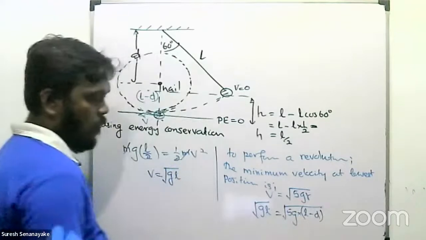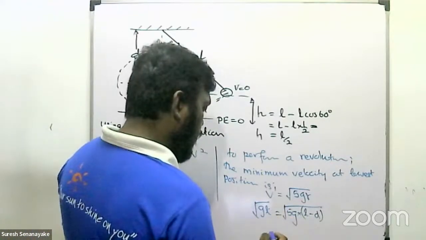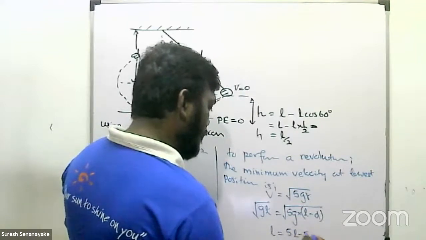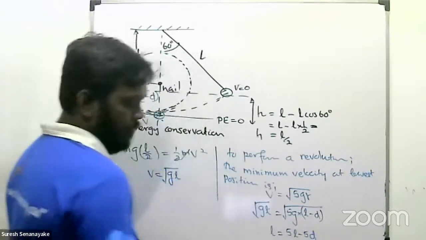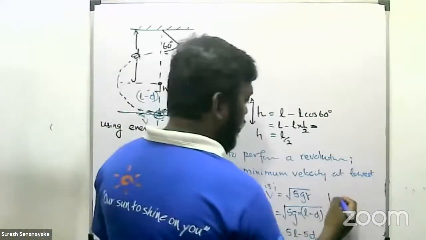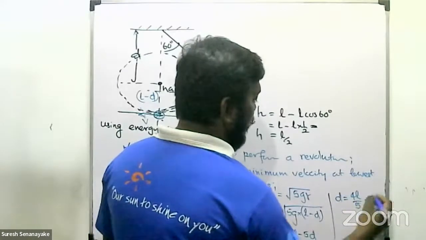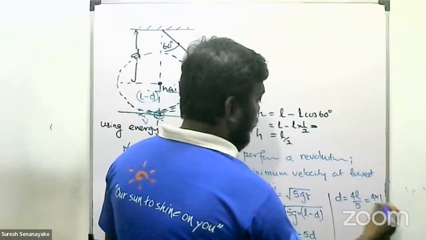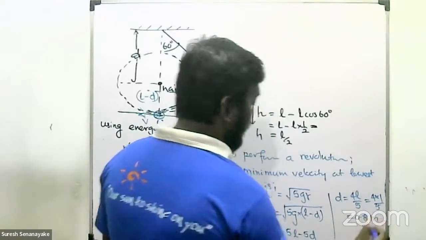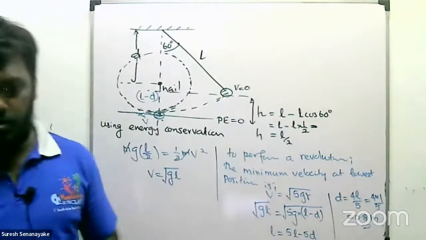Squaring it, g cancels, and L equals 5L minus 5d. So 5d equals 4L, and d equals 4L over 5. L is 1 meter, so 4 times 1 divided by 5 is 0.8 meters. The nail is at a distance of 0.8 meters from the suspension point.